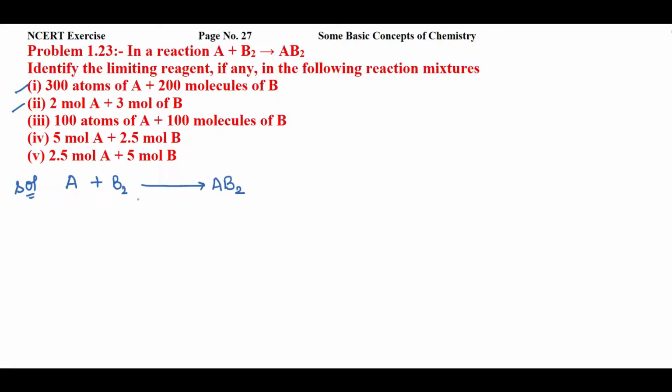If I'll talk about this equation in terms of atom, one atom of A is reacting with one molecule of B2 and forming one molecule of AB2. Now, to find the limiting reagent, we have to check the reactants only. Let's see this reaction in terms of mole, right? So I can say that 1 mole of A atoms reacts with 1 mole of B2 molecule and forming 1 mole of AB2 molecule, right?